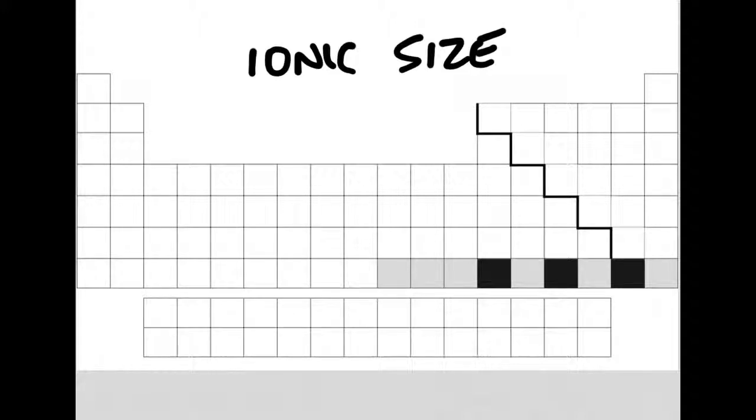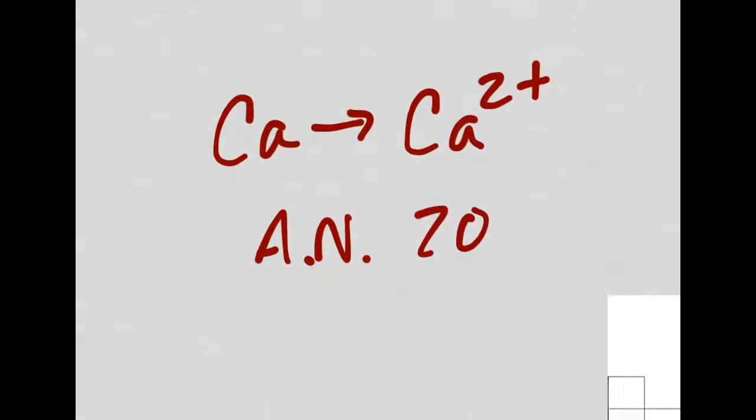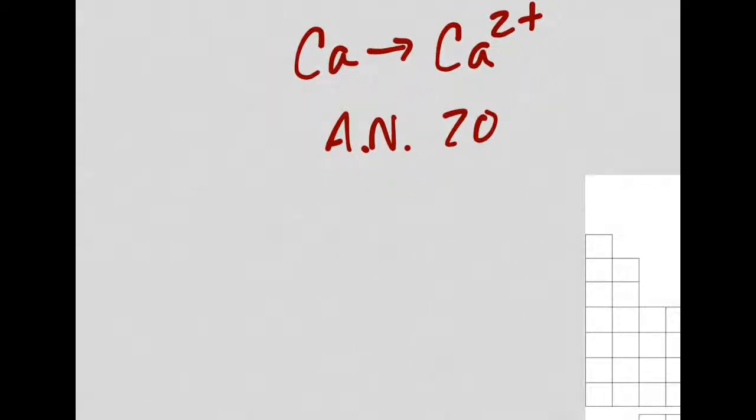Before I can actually do that, I need to explain the concept of an ion, which I think most of you understand at this point. So imagine we have a neutral atom of calcium, and if I were to find the most common ion form, I would discover that calcium likes to be Ca plus 2, or 2+, which means that if calcium has an atomic number of 20, in order for it to be a positively charged ion, it will have lost 2 of its electrons, right?